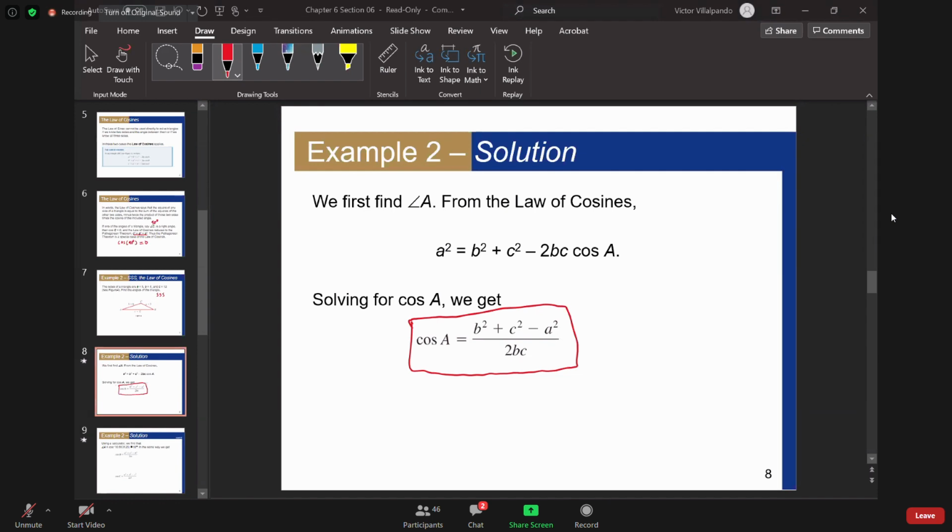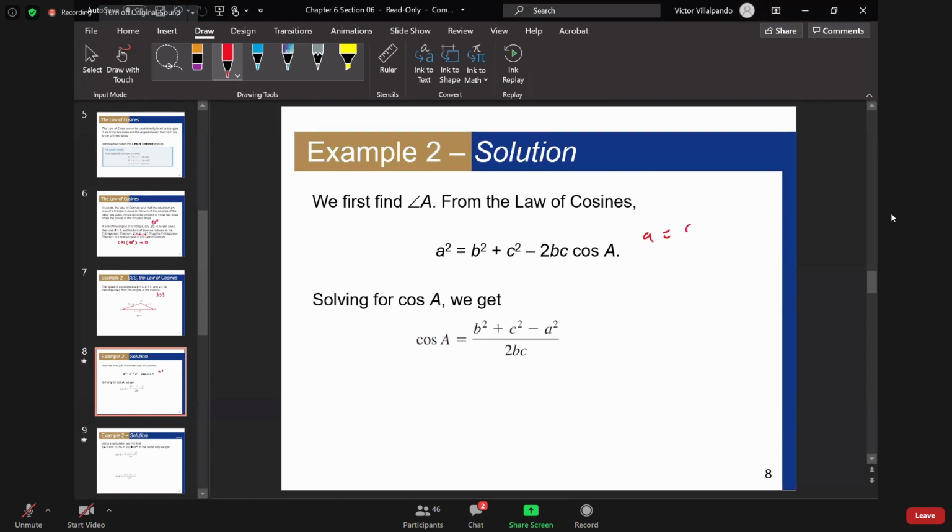All right, so here we want to solve for angle A. You could have used A, B, or C first, but let's just solve for angle A. Little a was 5, b was 8, c was 12.